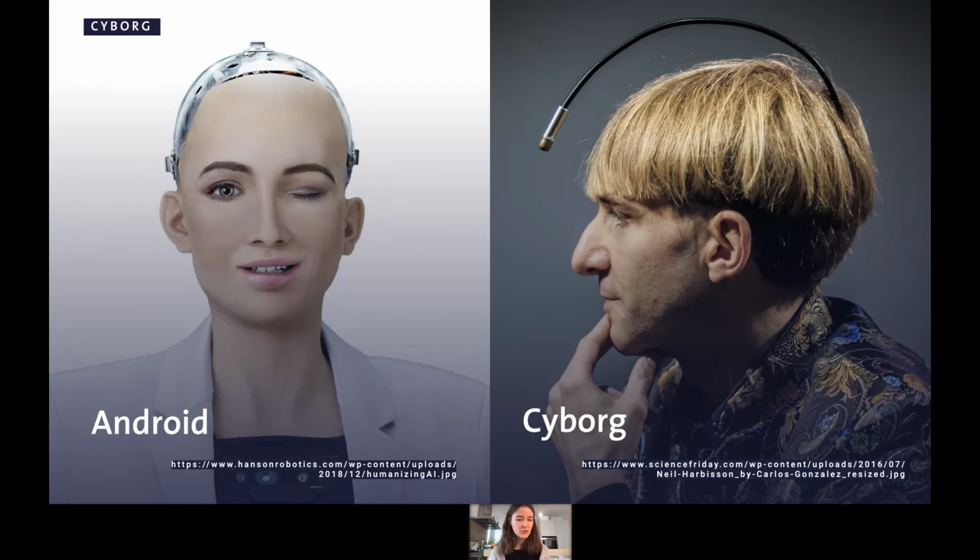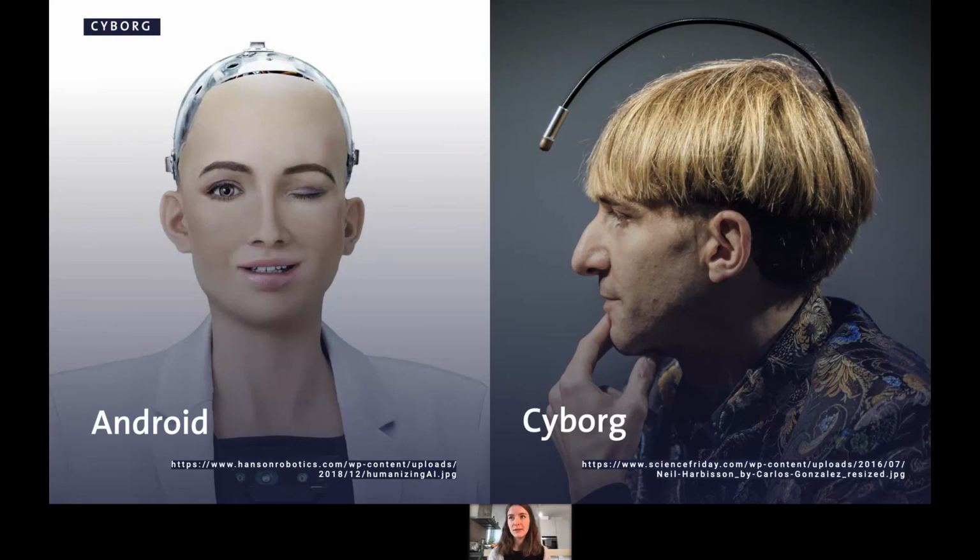So for example, this is the robot Sophia, and she is, I think, the first official citizenship as a robot, which is in her passport, I think, in Saudi Arabia, and she can react, and she can give answers, and she can also make some movements and some facial emotions she can transfer. And this is this shift from technology to more human-like. And what we are looking at, the cyborg, is from human-like to more technology-like.